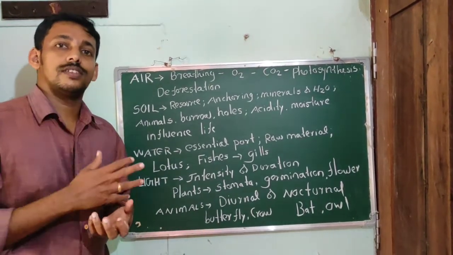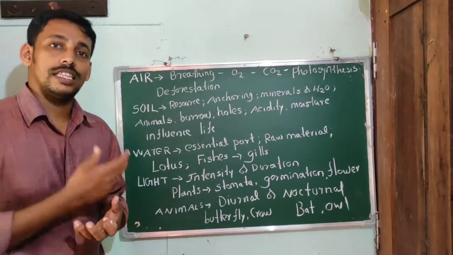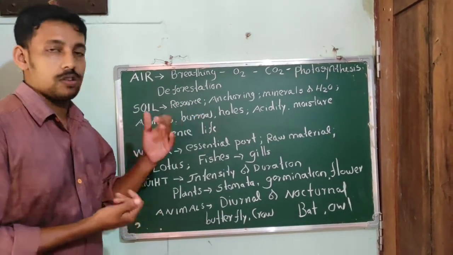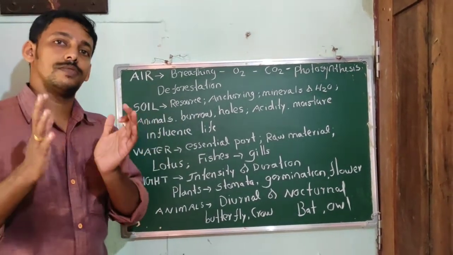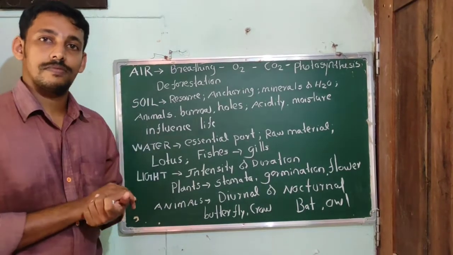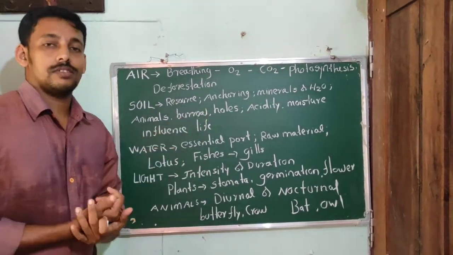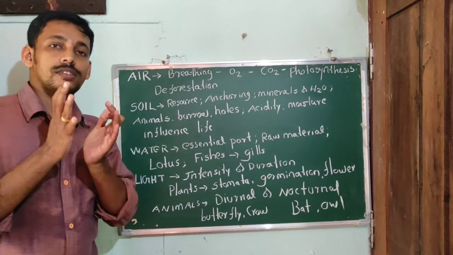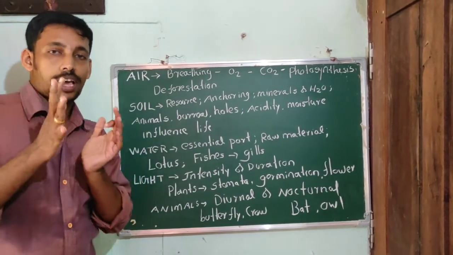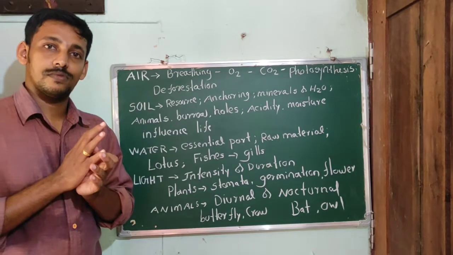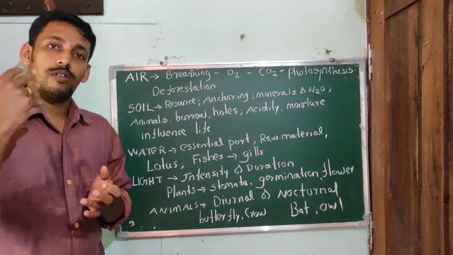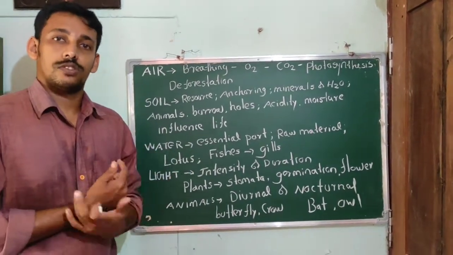In the soil we can see so many organisms that make burrows and holes, and there are some organisms which can live in the soil. Then the acidity level and the moisture content of the soil influence the vegetation and plant life. So soil is also a very important component of the ecosystem.